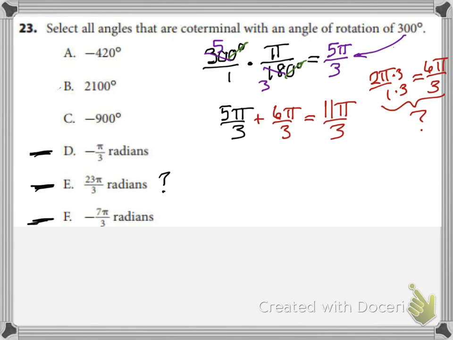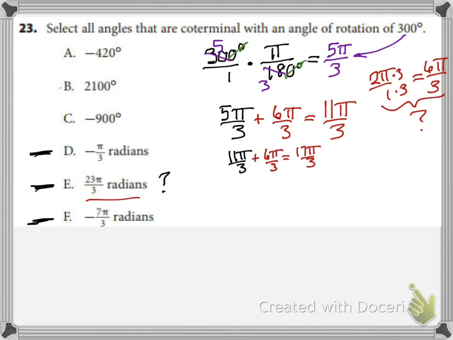So I'm looking over here, and the only positive one I have is 23 pi over 3. I'm not there yet. So I'm going to take 11 pi over 3, and I'm going to add to that another full circle. So now I have 17 pi over 3.